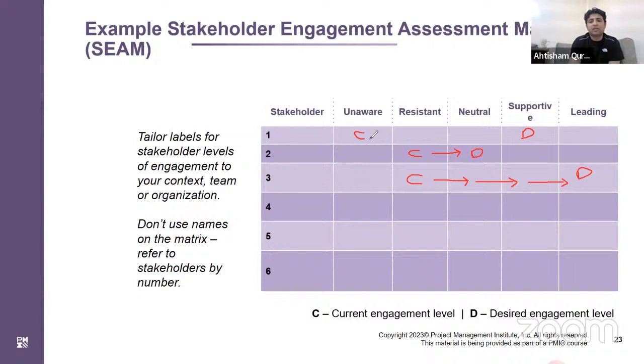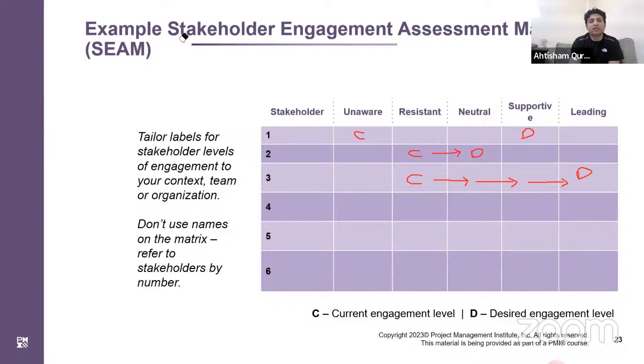Being unaware doesn't mean I need to first move the person to the resistant column. I may not make an unaware person neutral; I may like to make him supportive.